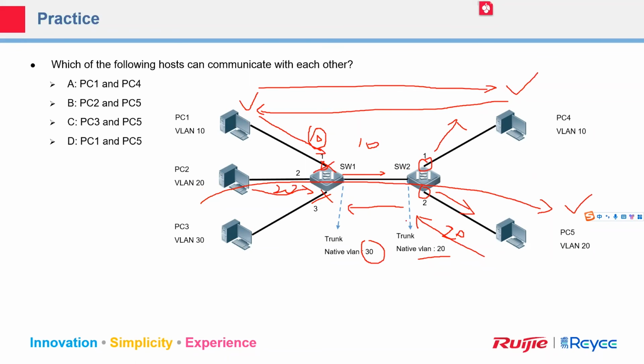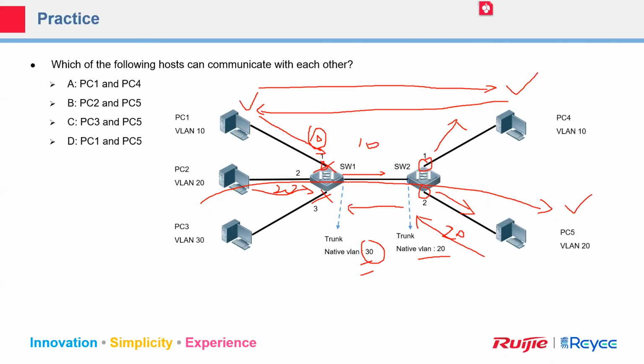So when switch 2 sends out the packet without the VLAN tag, when switch 1 receives it, I will add the tag, right? Because we don't see the VLAN information. So which VLAN will be added? VLAN 30. This is the native VLAN. Yes.